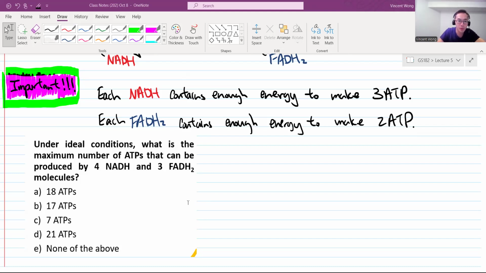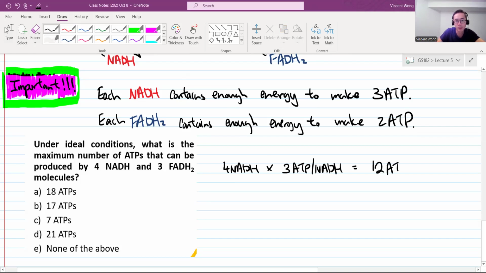So here we have 4 NADH. Now it says each NADH contains enough energy to make 3 ATPs, right? So I multiplied this by 3 ATP per NADH. 3 times 4 is, of course, 12.